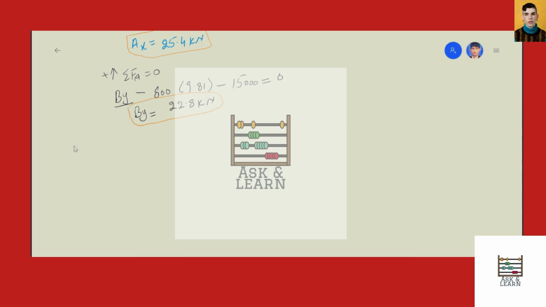We need to find the reaction at point B. The reaction at point B would be in this direction. This is equal to the summation of all the forces in the x direction being equal to 0.